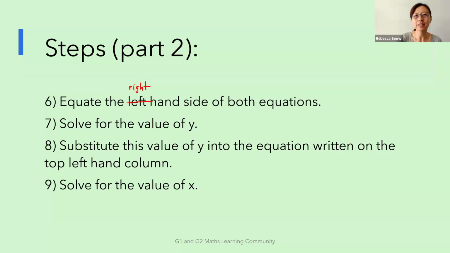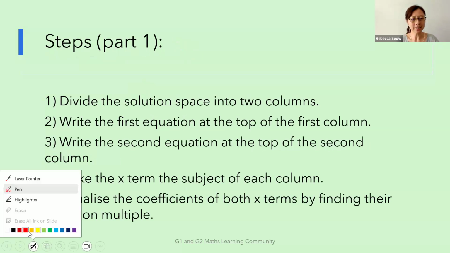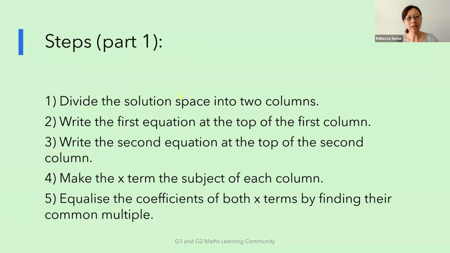Now, if you look at the steps that I have just narrated out to you, you will realize that it is kind of rigid, right? So if I were to look back at the steps, in step 1, you're required to divide the solution space into two columns.